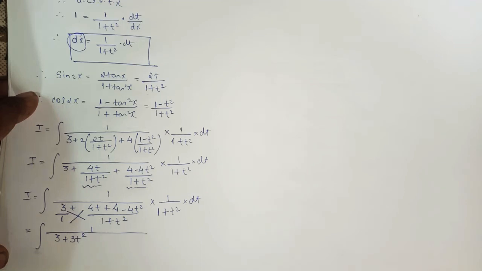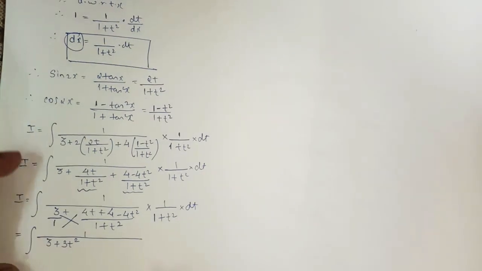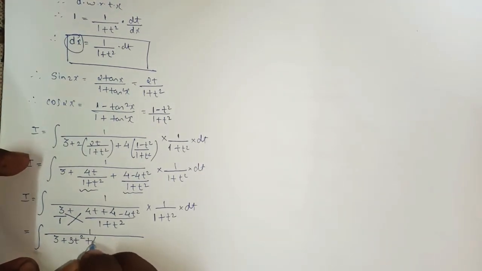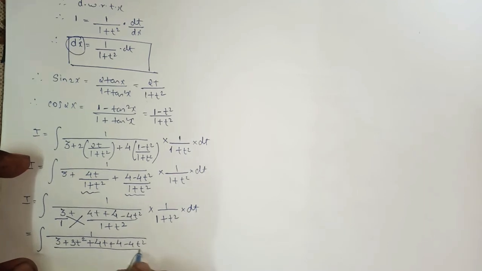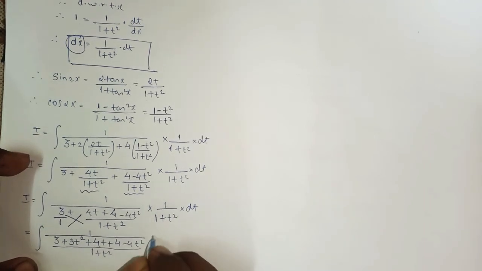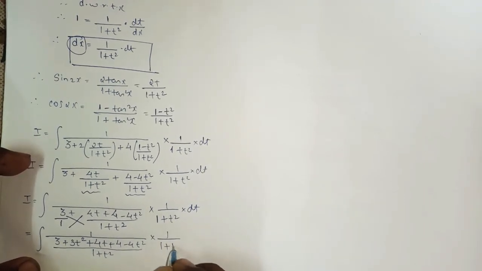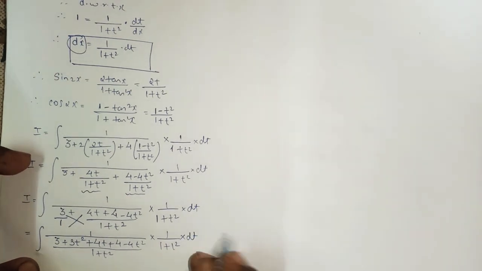Yes or no? So plus 4t plus 4 minus 4t square upon 1 plus t square into 1 upon 1 plus t square into dt. Yes or no?